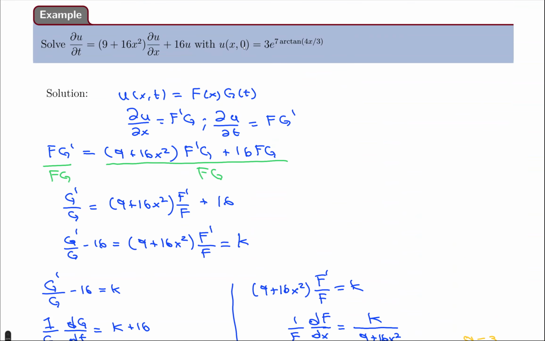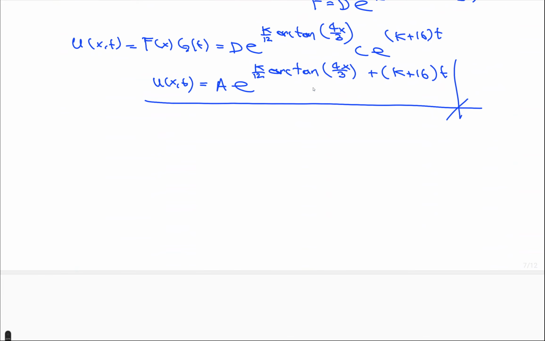So now, we're going to use the condition to find the particular solution that is provided at the top. Let's go back. u of x,0 equals 3 e to the 7 arctan of 4x over 3. That means we're going to evaluate the general solution, replace any instance of t with a zero.